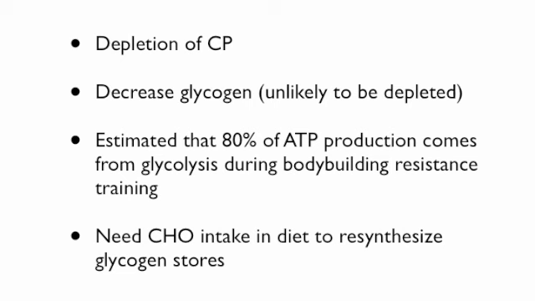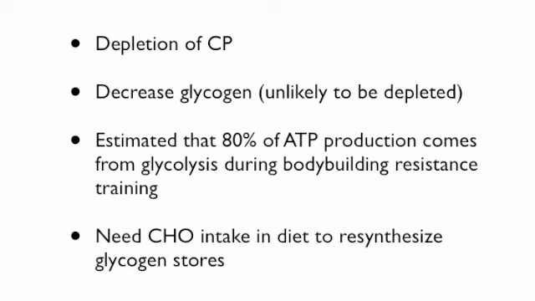Because we go into glycolysis, the phosphagen system quickly depletes. So we have to go to glycolysis to fuel the exercise. And glycogen, though it's not fully depleted, because usually we have 2 hours worth of glycogen stored in our muscles available for higher intensity effort, and we usually don't completely deplete it, but we can diminish the amount of glycogen in our muscles.